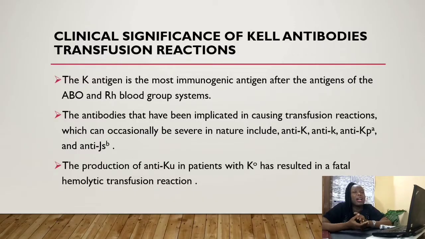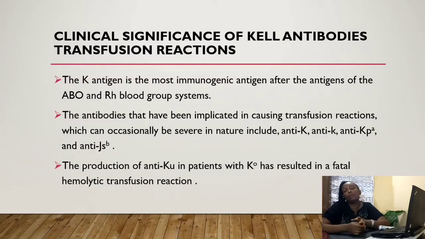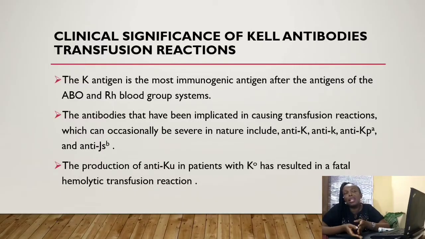And then the production of anti-KU is also common in patients with the K null phenotype. When this individual is transfused with any blood that contains Kell antigens, they are capable of producing what we call anti-KU.